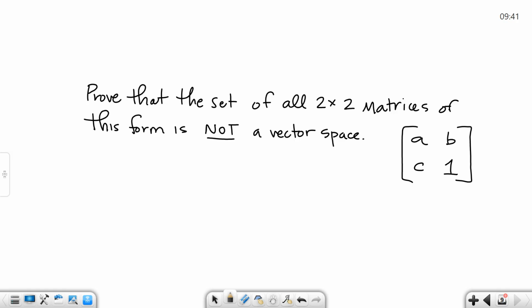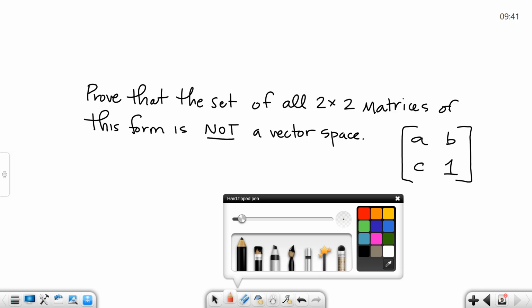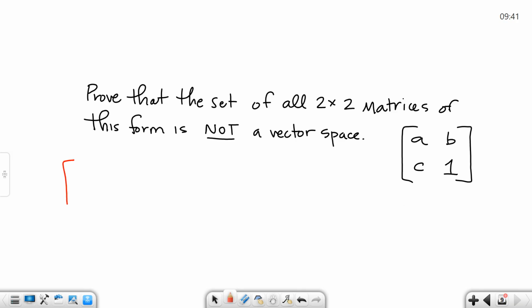Okay, so if we're looking to see what it fails, it fails a whole host of stuff. There's lots of them that it fails. The first one that I would say that it fails is addition. So for example, this red matrix here is an element in that set. 1, 2, and 3 can be anything, but remember that last position has to be a 1. I can add it to this matrix. This blue matrix is also in the set, because remember the characteristic of this set is that position 2,2 is a 1.